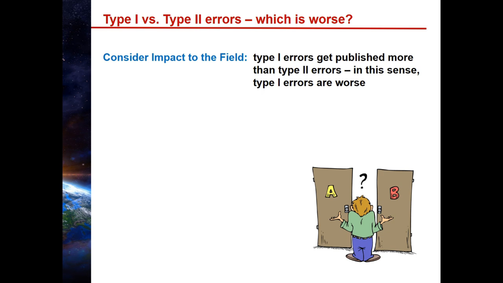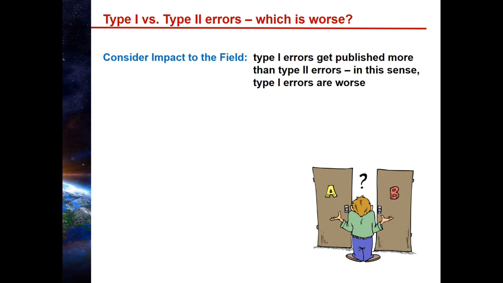There's two things that you need to consider. The first one is the impact that the error will have on the field itself. So if we're talking about psychology, what impact would type 1 errors have in the field of psychology, and what type of impact would type 2 errors have?